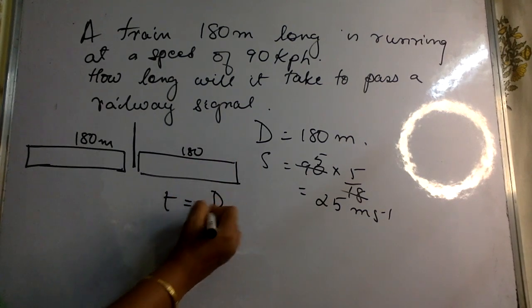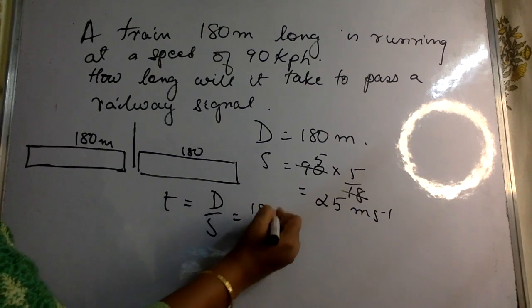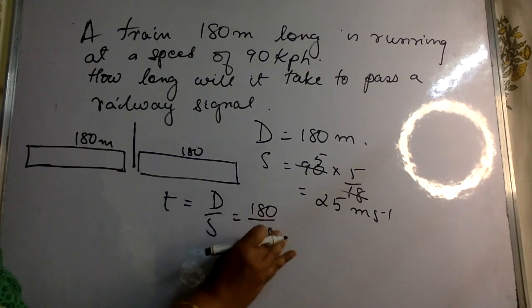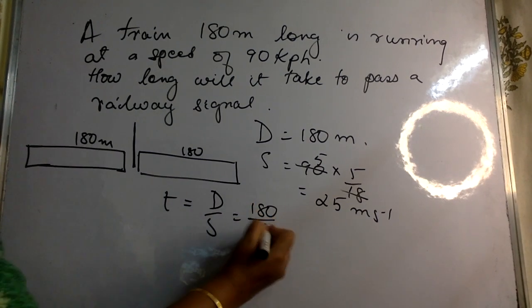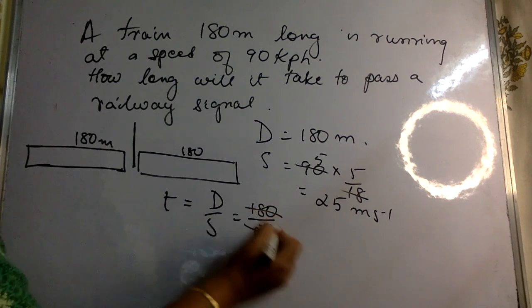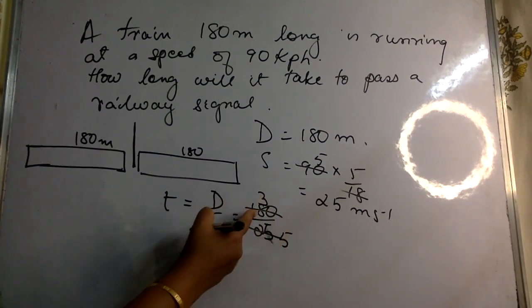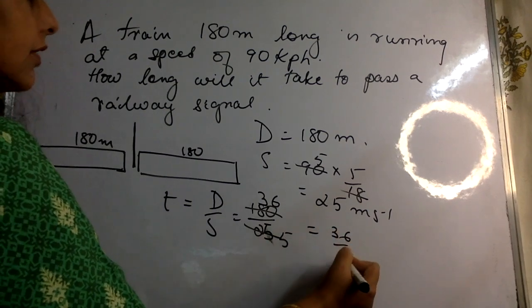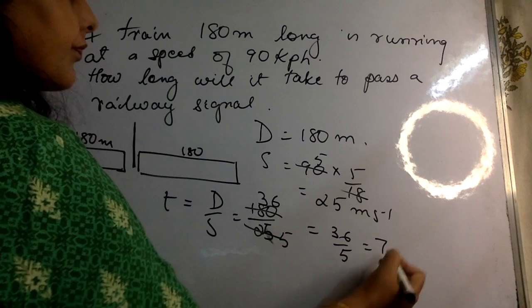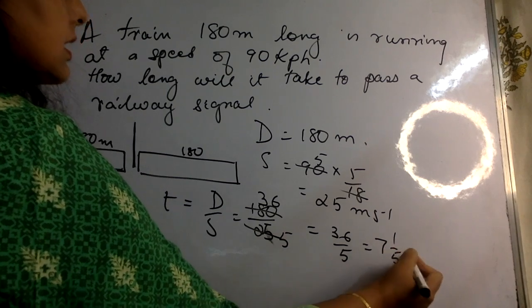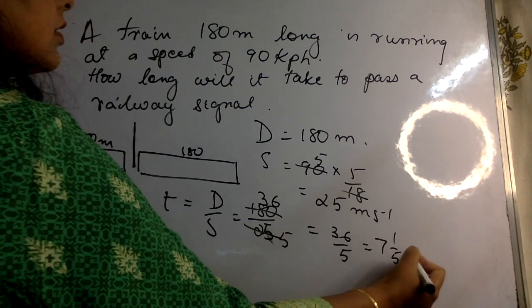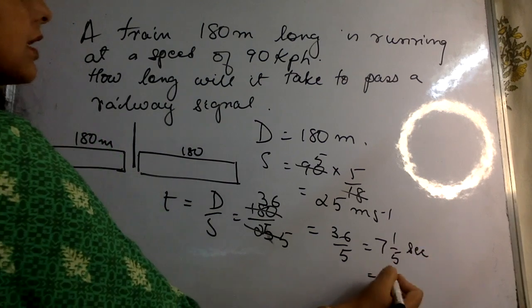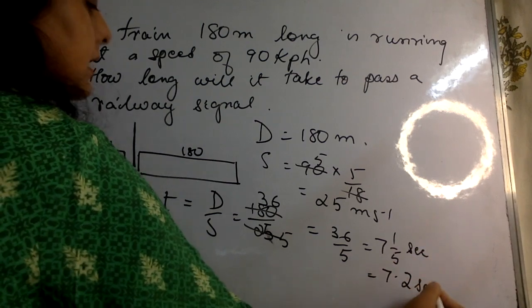Time is distance by speed, which is 180 by 25. So 36 by 5, which is 7 1/5 of a second, that is 7.2 seconds.